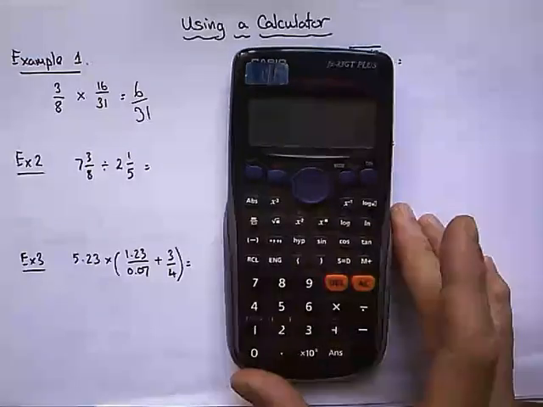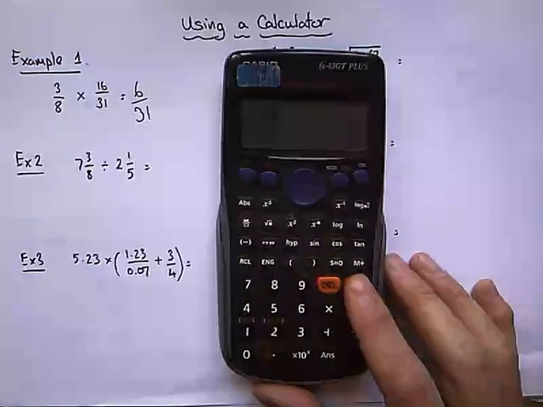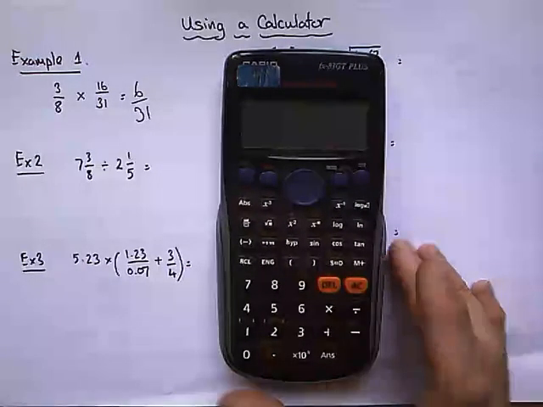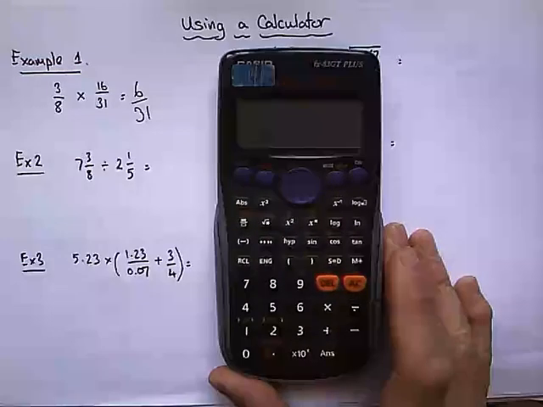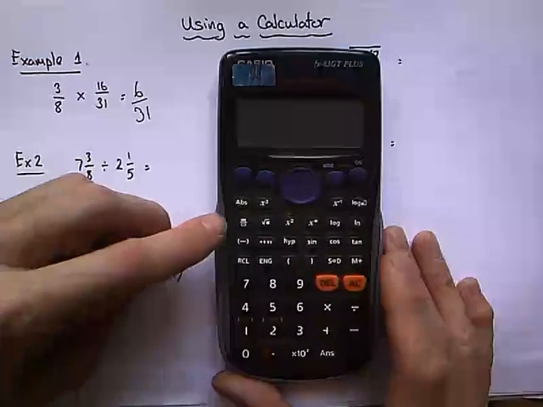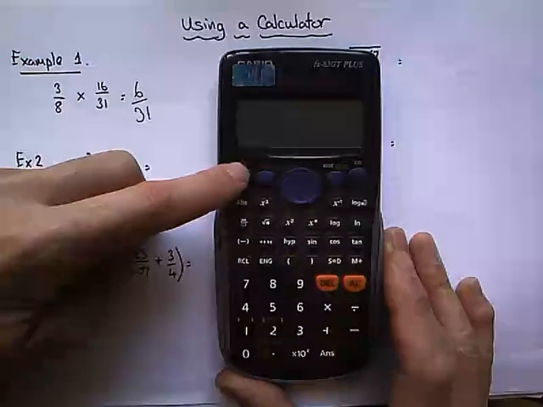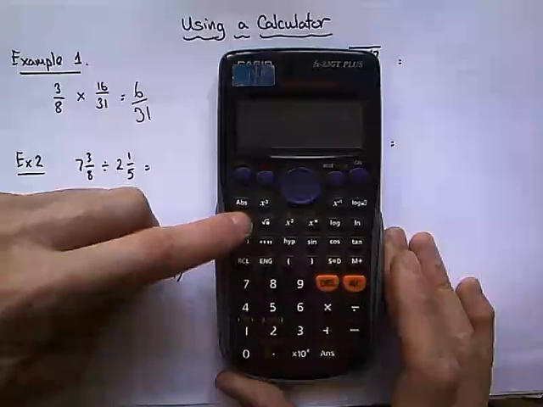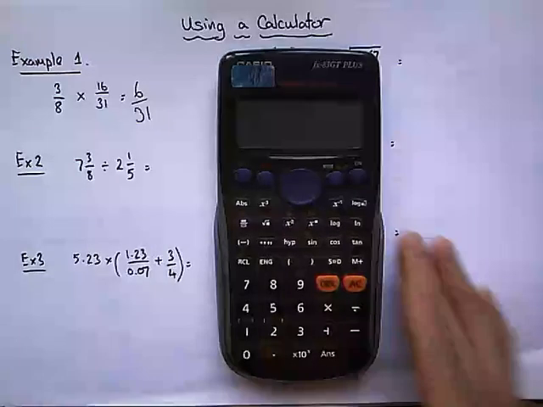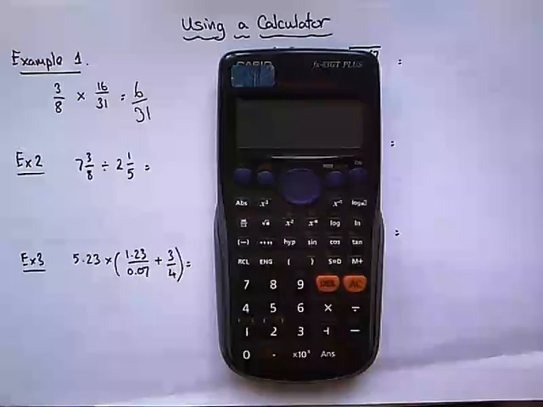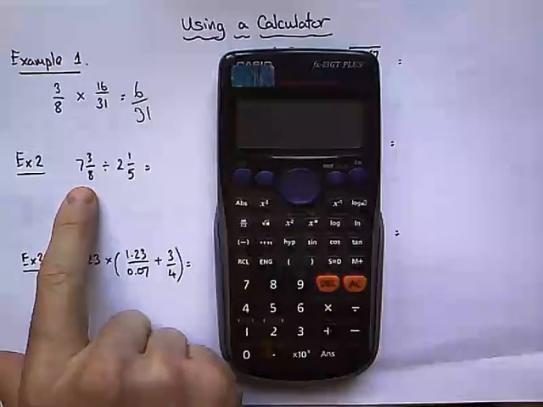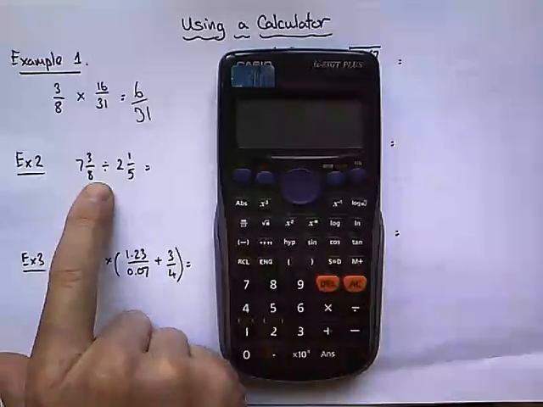So this time, let's look at using a mixed number. So let's delete that. And the mixed number is where the fraction button is, but you have to press the shift first. So press shift, then press the fraction button, and you will get up your mixed number. You need to put in the numbers which are in the question, and then you would need to do it again for the second fraction.